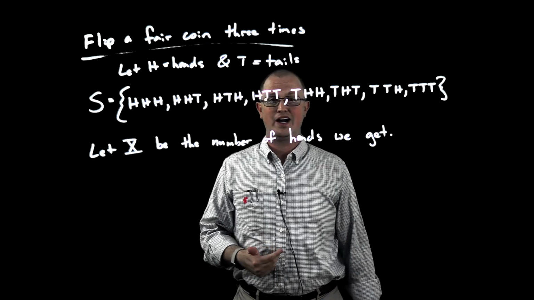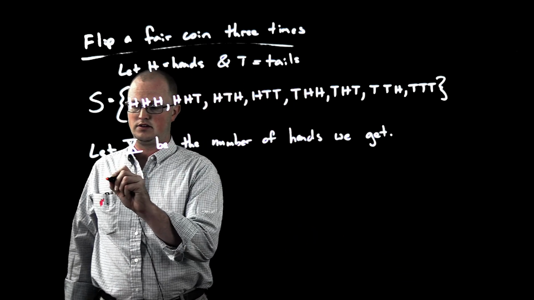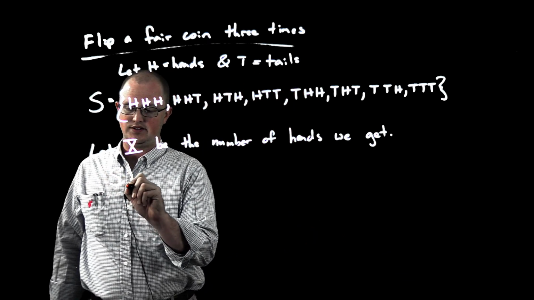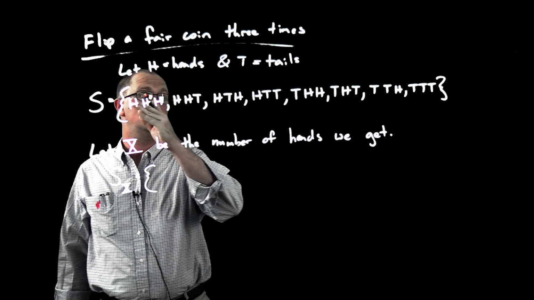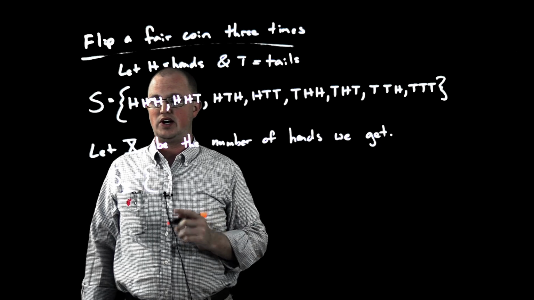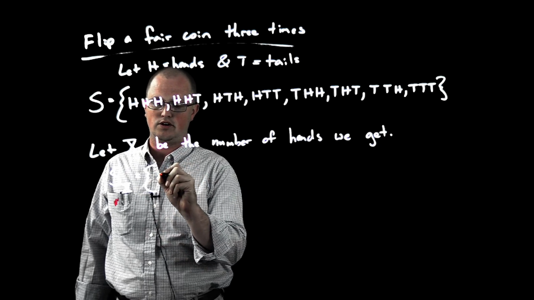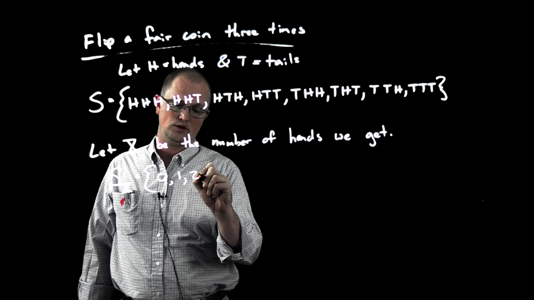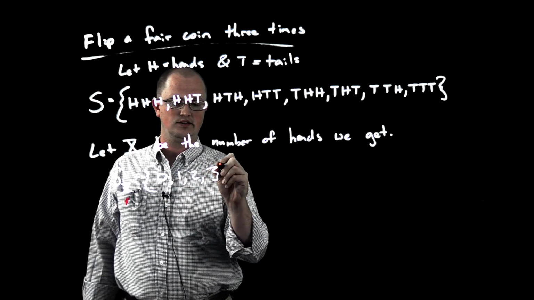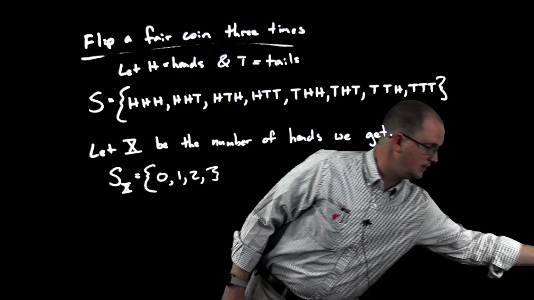So the sample space of our variable X is, instead of these 8 things, the possible outcomes for X: we can get 0 heads, 1 head, 2 heads, or 3 heads. That is a terrible 3.